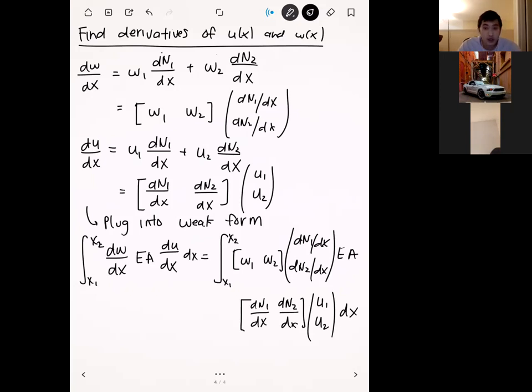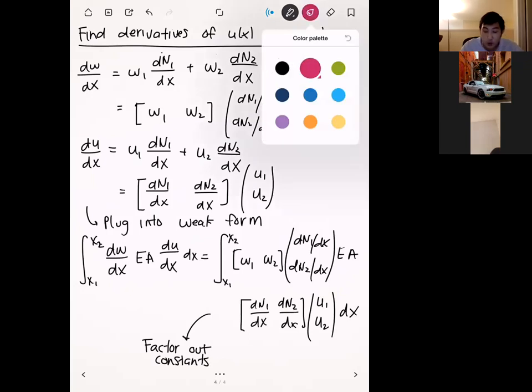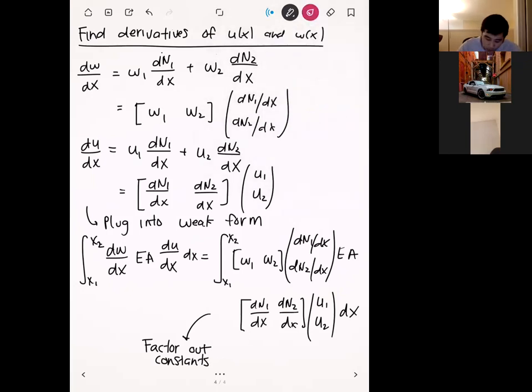And then from here, what we can do is we can simplify this by factoring out some of the constants. Okay. And the only constants that we have are the coefficients that come from w and u, right? And so this right here is a constant.